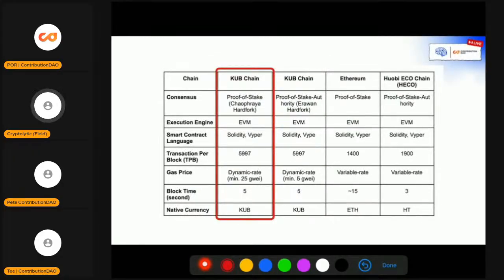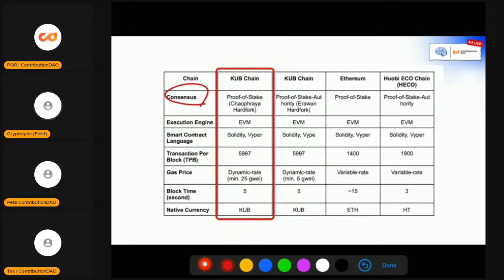But what we are going to focus on today, like the live lecture says, is going to be the consensus. So why is that? This is the table comparison between KUB Chain, Ethereum, and Huobi from the KUB Chain technical paper.